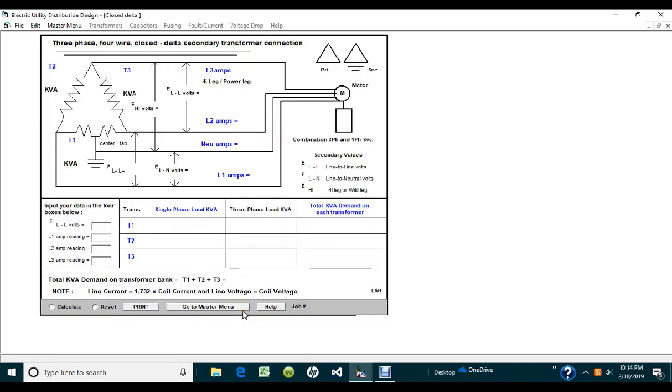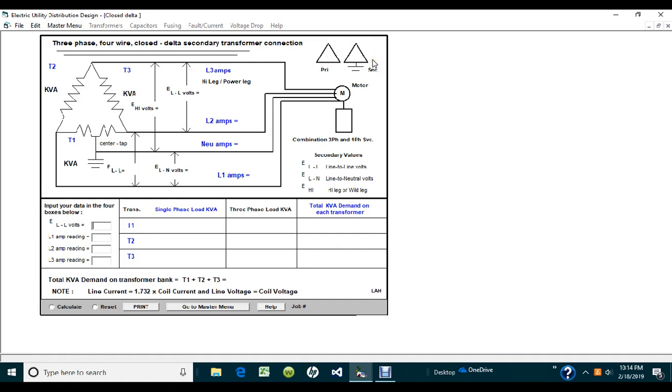Okay. Well, now on the screen what you're looking at is a three-phase four-wire closed delta secondary transformer connection diagram. I said that really fast, but basically I was just reading this up here. And over here in the right top corner you see two delta symbols, a delta for the primary and a delta symbol for the secondary.